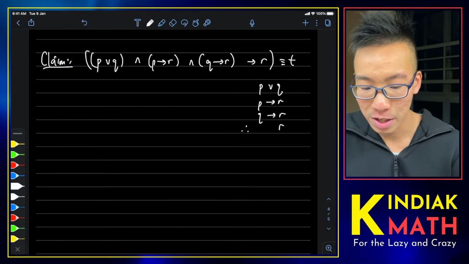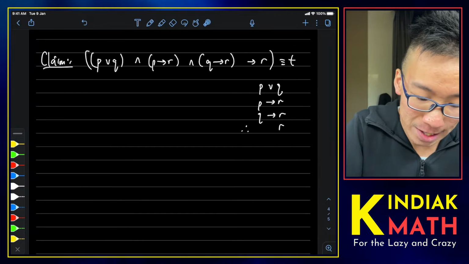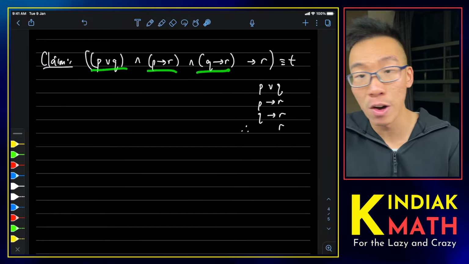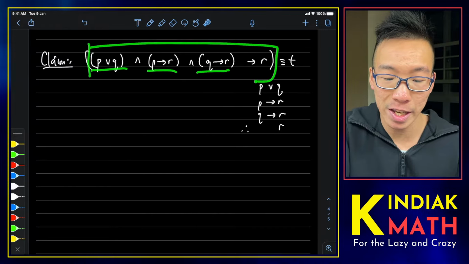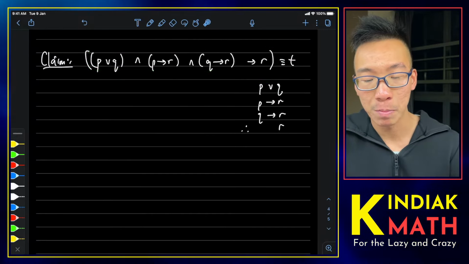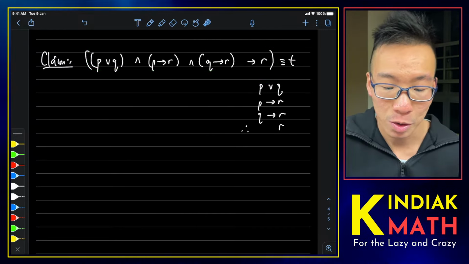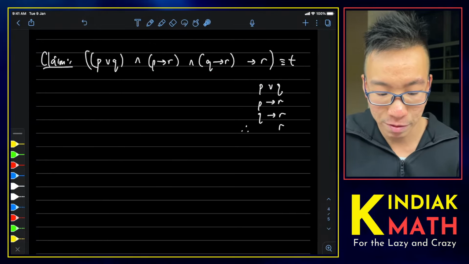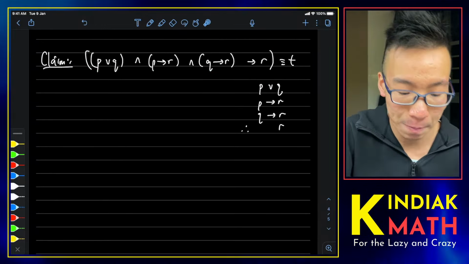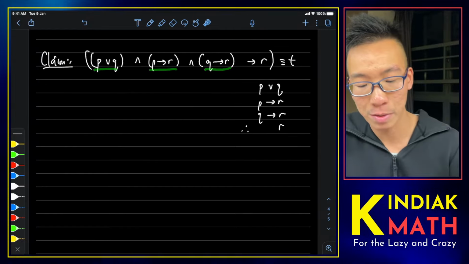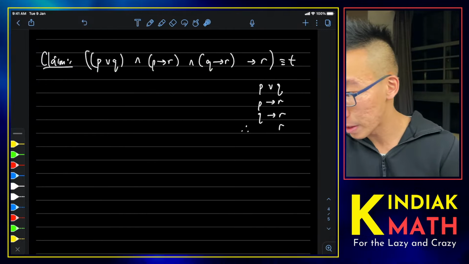Here's the assumption. We notice that as long as one of these guys is false, the entire implication is going to be vacuously true, right? So we can first maybe focus on these guys being true.